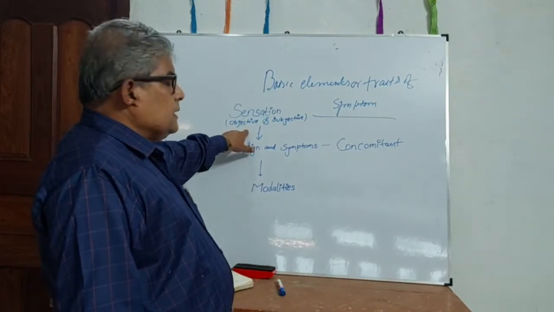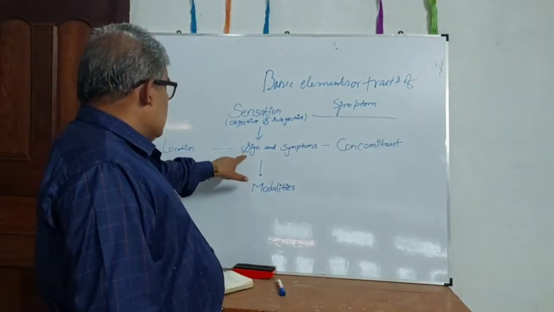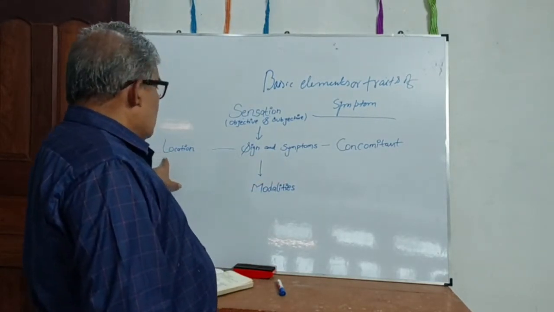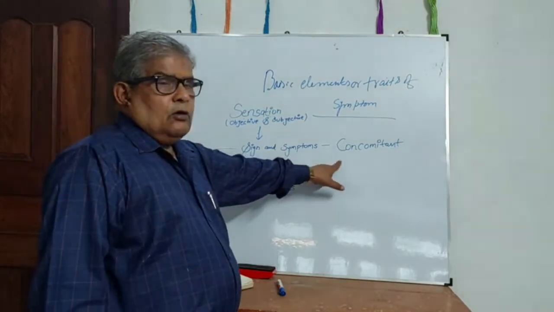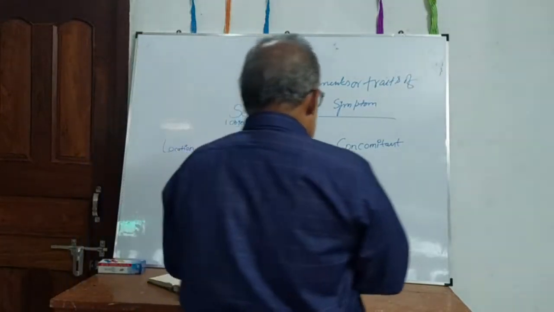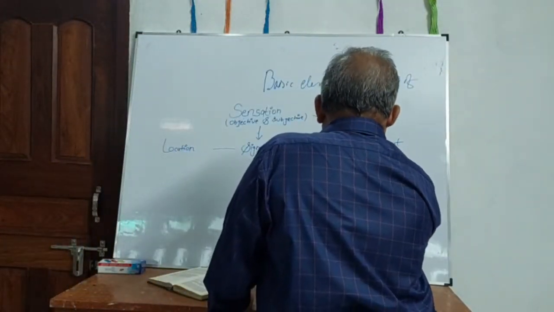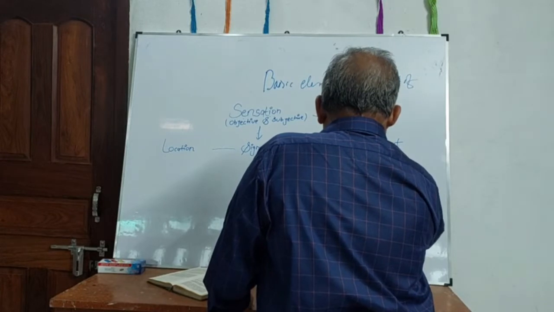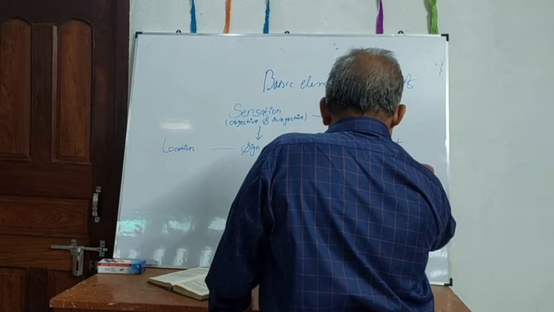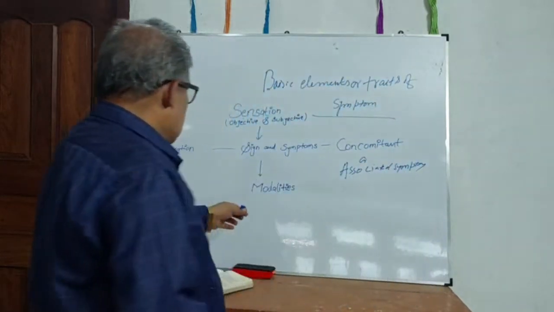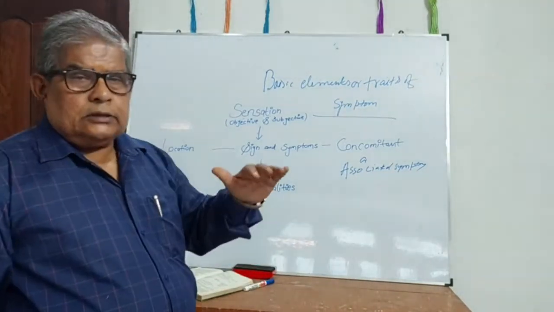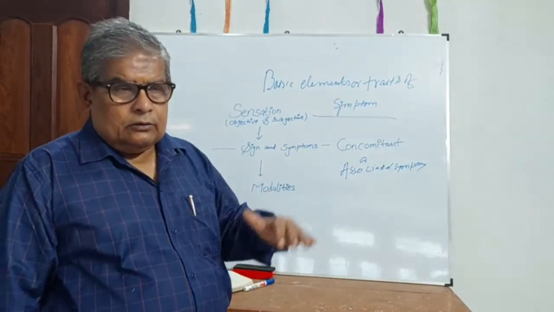After sensation, along with signs and symptoms, comes the area, location, and then the concomitant or associated symptoms. And in the last, modalities come. This is the trait, how to start case taking, from particular to general.